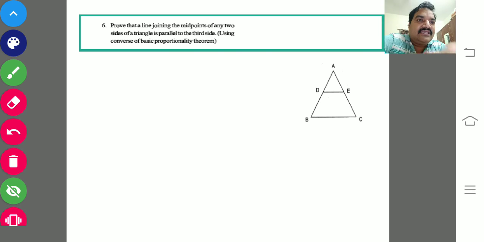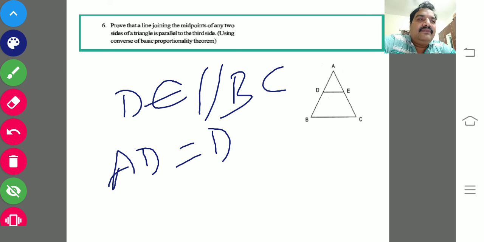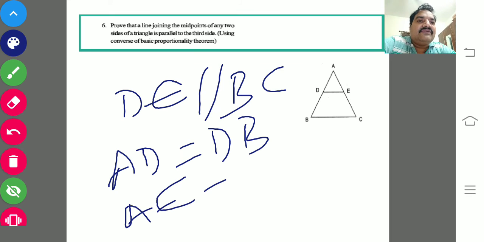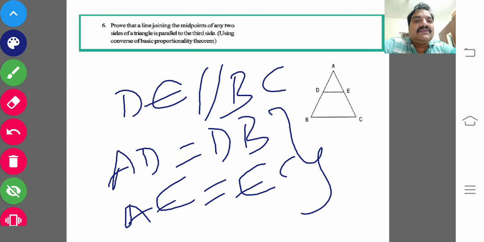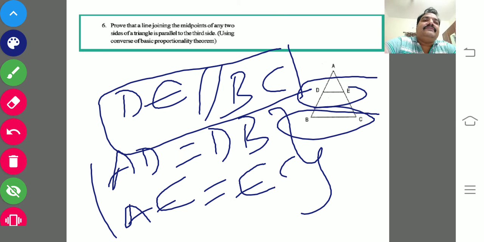In the previous question, it is given that DE is parallel to BC. We proved that AD equals DB because D is a midpoint, and we proved AE equals EC. But this time these two points are given. You have to prove that DE is parallel to BC.